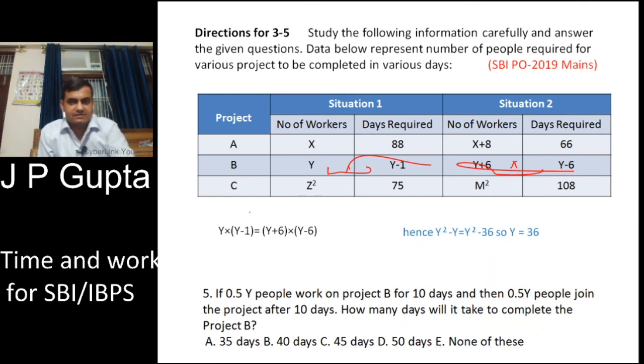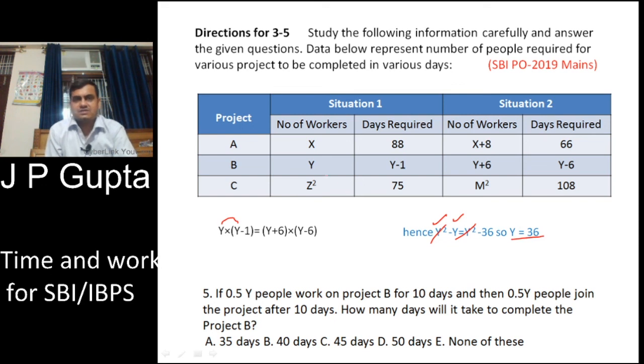So, can we say that if you multiply Y with Y, it will be Y square minus Y. In the second case, if you remember (A plus B)(A minus B) is A square minus B square, otherwise you can do the proper multiplication, plus 6Y and minus 6Y will be cancelled out. So, you have directly Y square minus 6 square, that is 36. Now, again Y square cancels out. So, we can say that Y is 36. So, once we have the value of Y as 36, now we can apply it in this question.